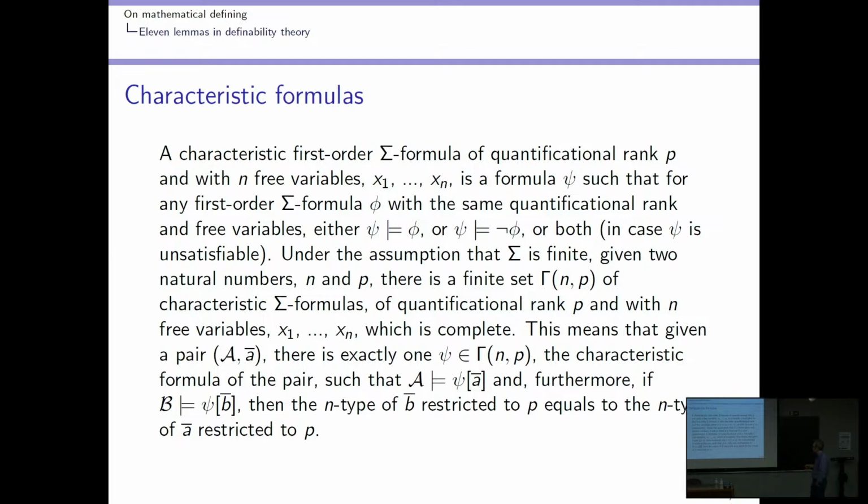And furthermore, if B bar is also in the same state as A bar, then the n-type of B bar restricted to P equals the n-type of A bar restricted to P. That is, psi captures the n-type restricted to P. The n-type restricted to P is still infinite, but it is, let us say, finitely axiomatizable. There is a single formula that generates the type up to P, or restricted to P.